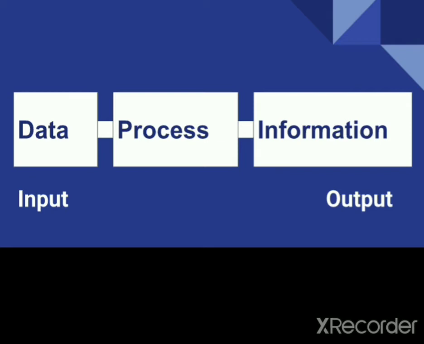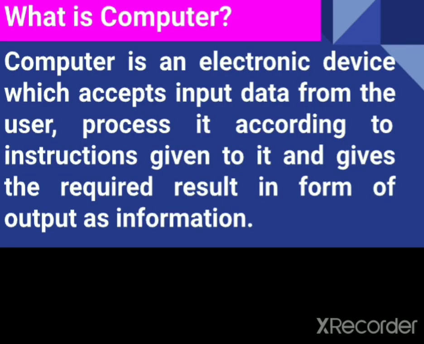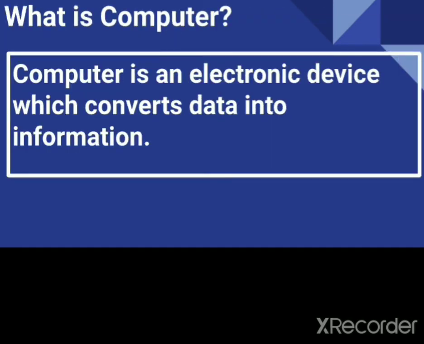For that we require the unit called the arithmetic logical unit, and then we get the result in the form of information on an output device, like on the monitor screen. Whatever result we get on the output screen is called soft copy, and whatever output we get on the printer is called hard copy.